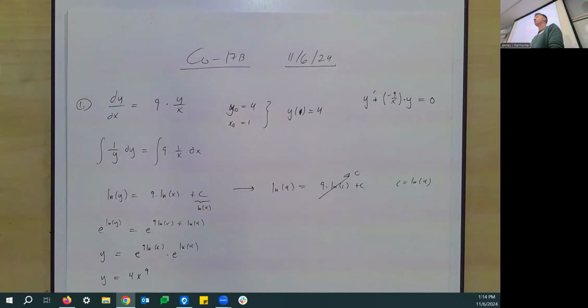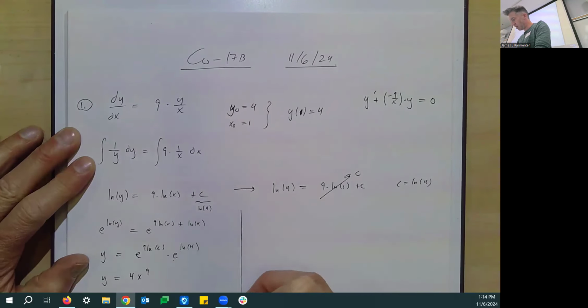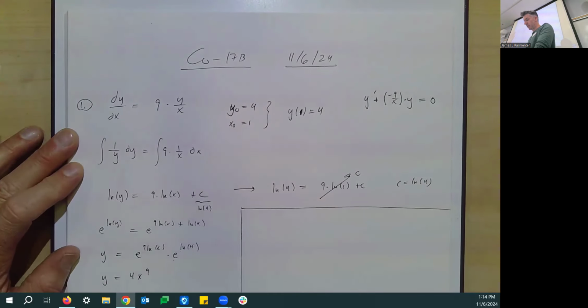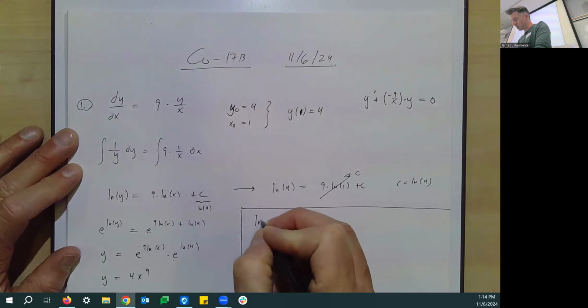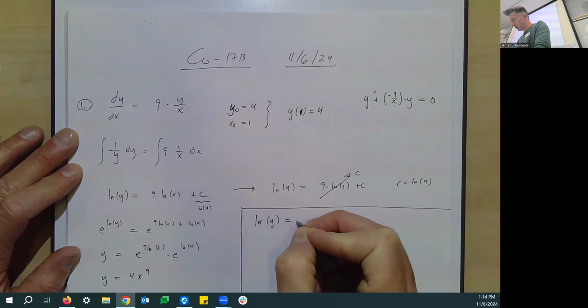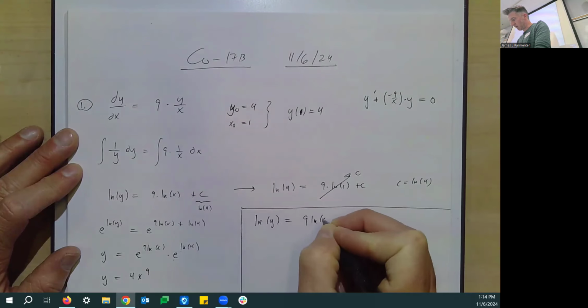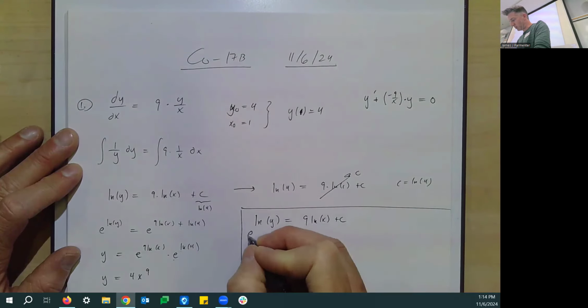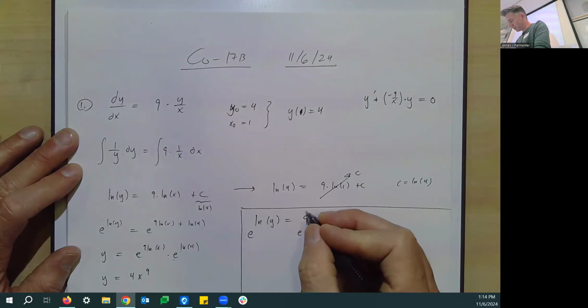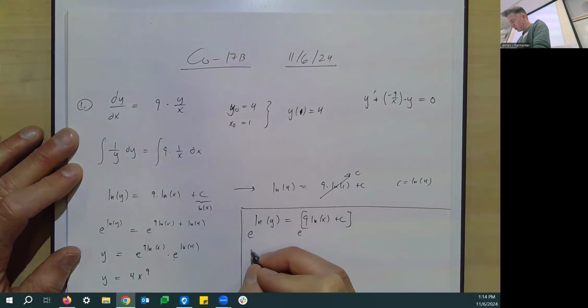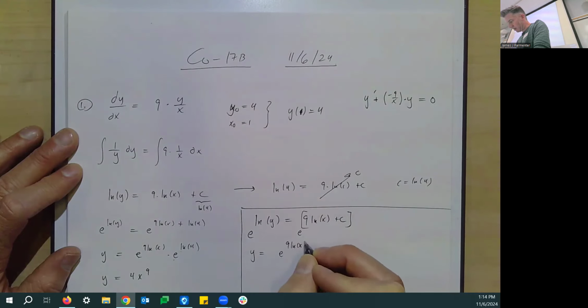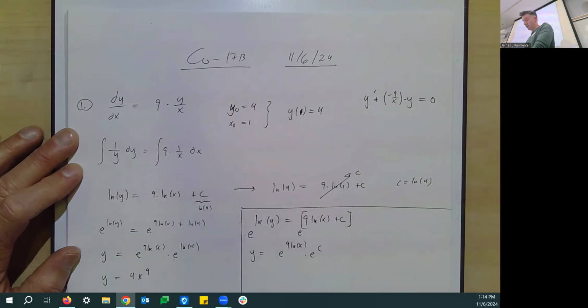That's not my preferred way of doing it. Here's what I would rather have done. I would rather have waited on finding c and said, let's just go ahead and solve for y first. So if natural log of y equals 9 natural log of x plus c, then we write both sides as e to the stuff. The left-hand side is y, the right-hand side is e to the 9 natural log of x times e to the c. I'm going to call that a.